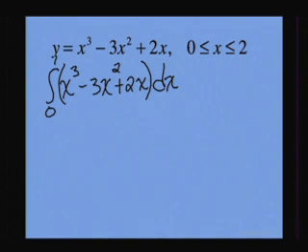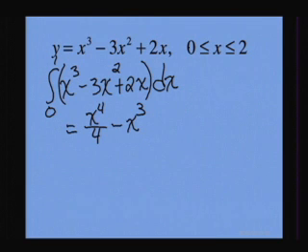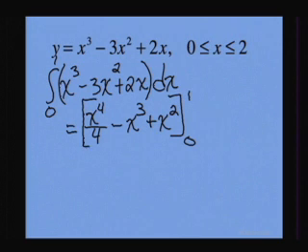And so what we get here is this is equal to x to the 4th over 4, minus x cubed, which gives me my 3x squared, and then plus x squared, which gives me my 2x. That's to be evaluated from 0 to 1.